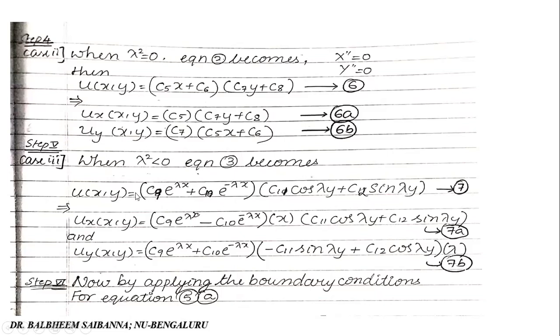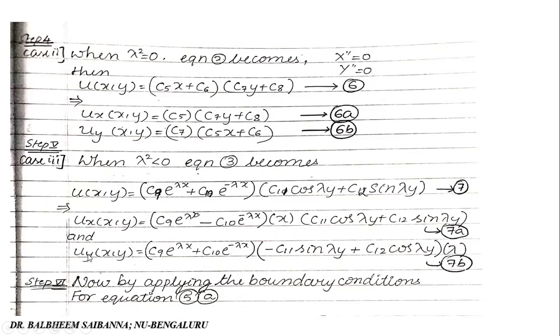Then differentiate this with respect to x. Ux of x comma y is equal to C9 e to the power of lambda x minus C10 e to the power of minus lambda x, taking the lambda common; we are differentiating this term and keeping the other term as it is.